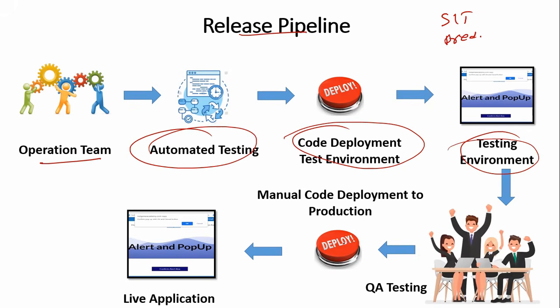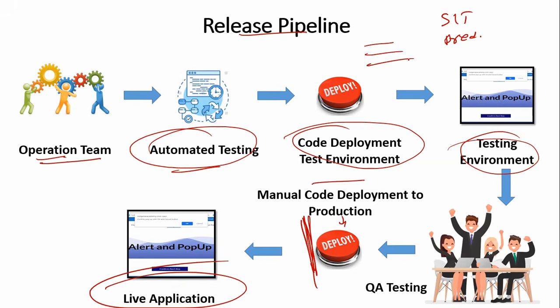Now the release manager will be there quarterly. Sometimes they will change the release manager, sometimes the same release manager. After that release manager's approval, the code will be deployed into the live application. So till this process, it is fully automated. From here, automated testing and deployment.